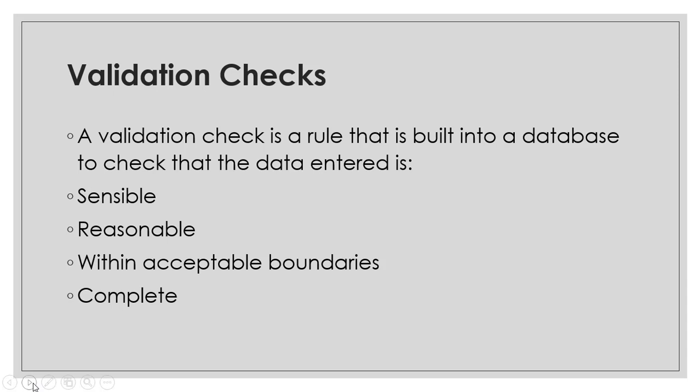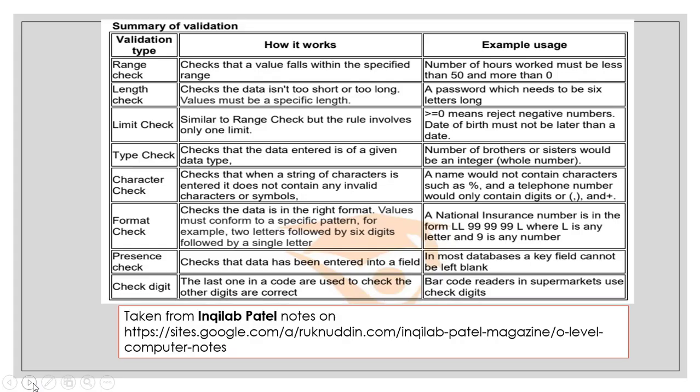The word sensible means that the data being entered make sense in fact. Now, these are the different validation techniques that you can use, and this has been taken from Inkaleb Patel notes from his Google site.